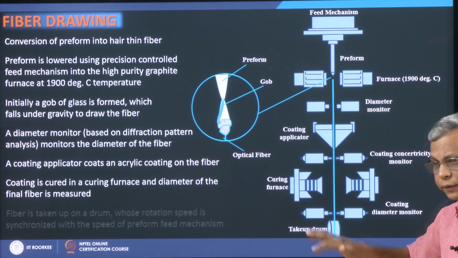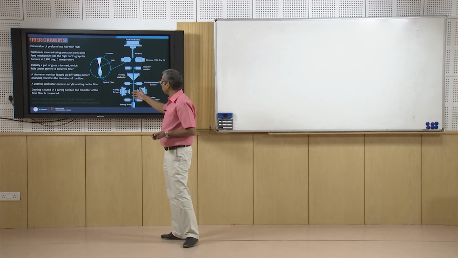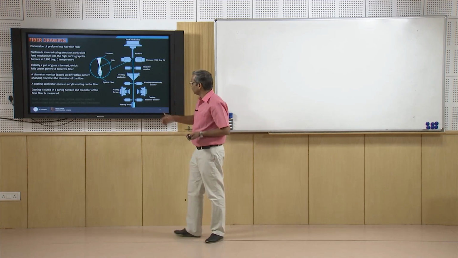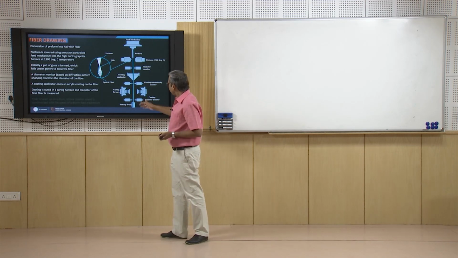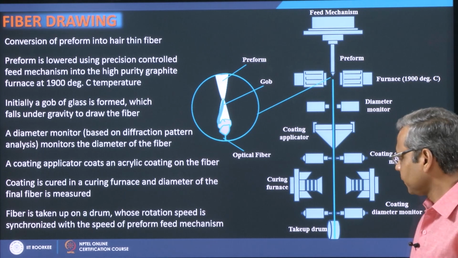Either you can have a coating which can be cured thermally, so you have a curing furnace. Some coatings can be cured by UV, then you will have a UV lamp assembly here. Finally you monitor the diameter of the final fiber, and then you take it up on a drum.